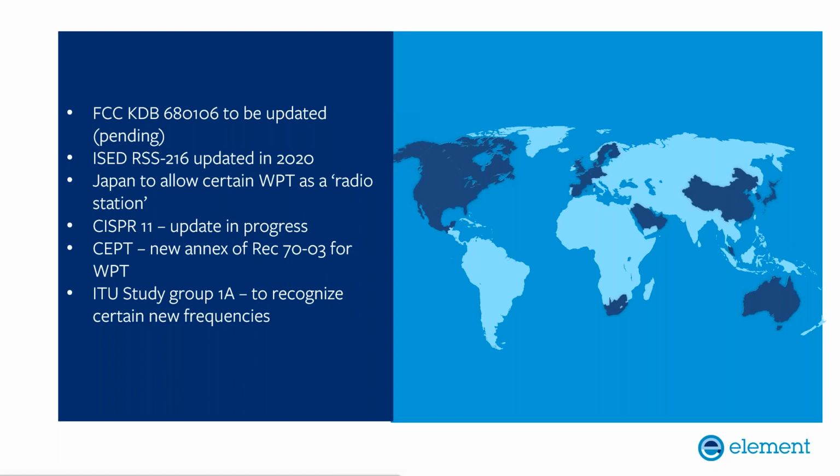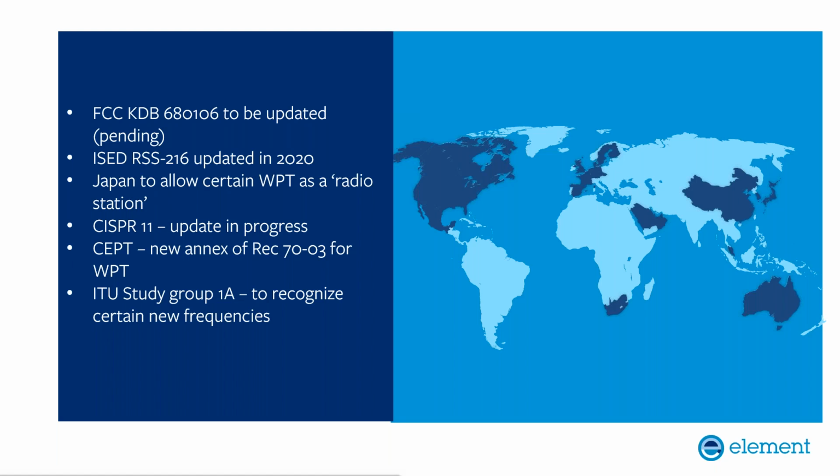Historically, it's been used for radio communication technologies, but within CEPT, there's a discussion at the moment, and they're trying to decide whether they have a dedicated annex in that document for WPT. So all of the WPT technologies can be easily looked up in one simple annex.